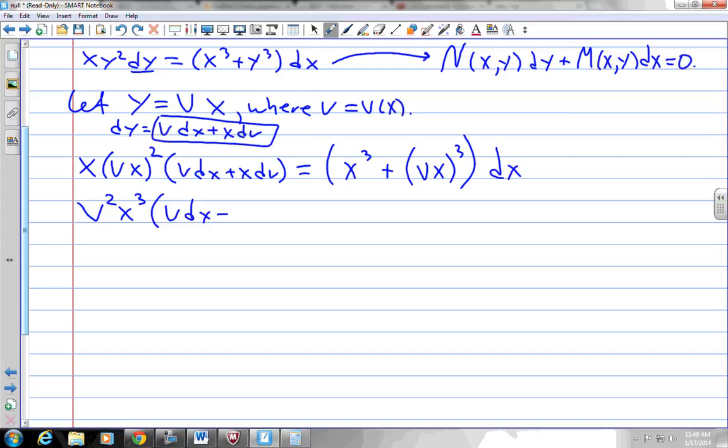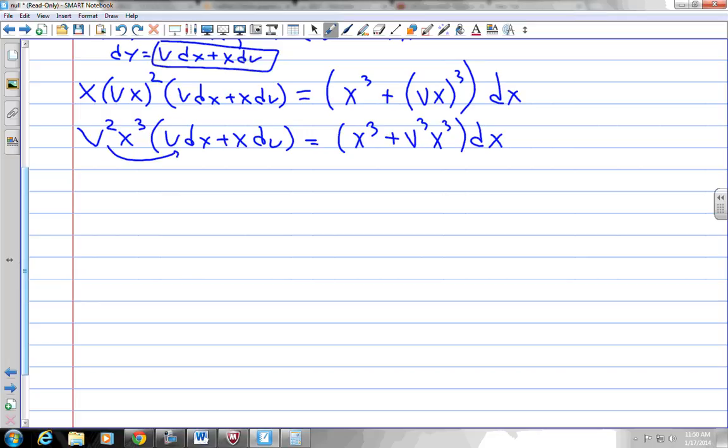So v squared x cubed times (v dx plus x dv) equals x cubed plus v cubed x cubed dx. And I'm going to open up all the parentheses, see where that takes me.